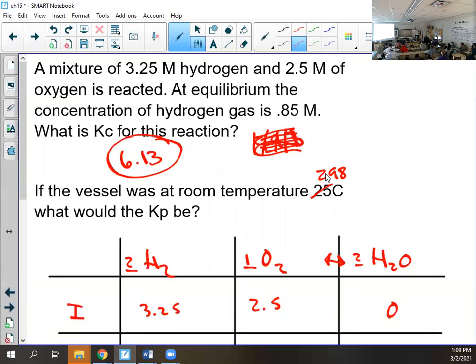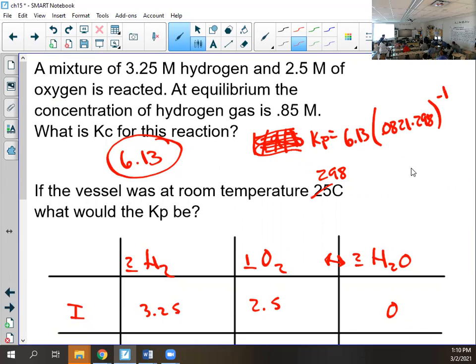All right, the bell will ring, but our Kp was equal to our Kc, which was 6.13, times 0.0821 times 298 raised to the -1, right?